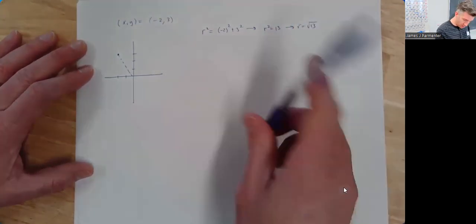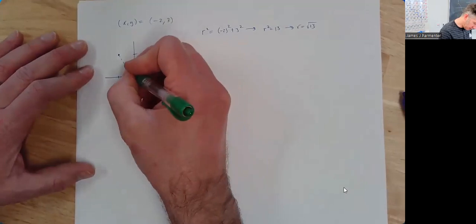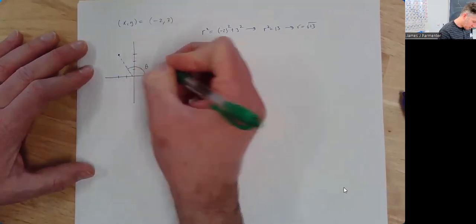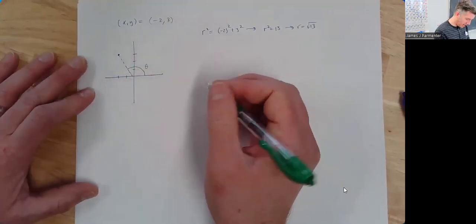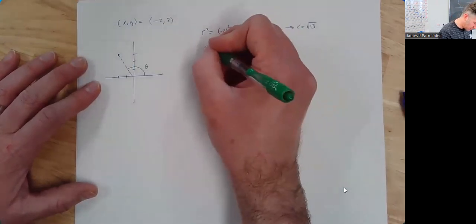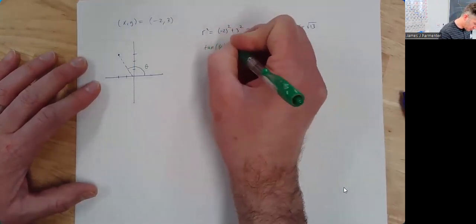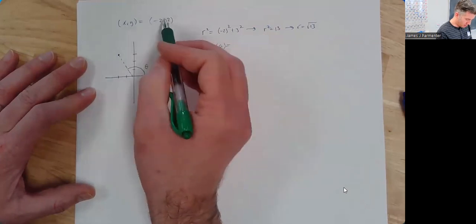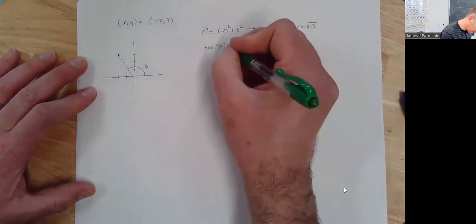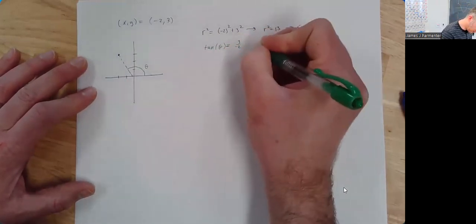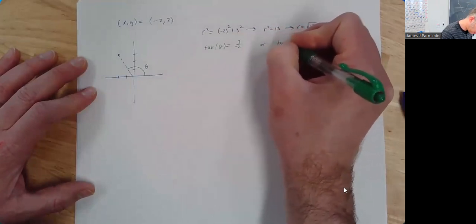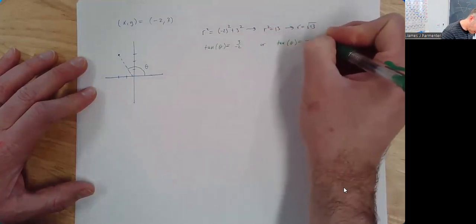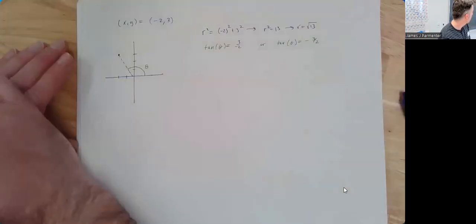And then this angle, here's why we have to be a little bit careful. Certainly, I could say the tangent of my angle is equal to opposite over adjacent, so y over x, 3 over -2, or if you prefer, -1.5 or -3/2.